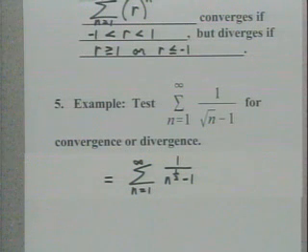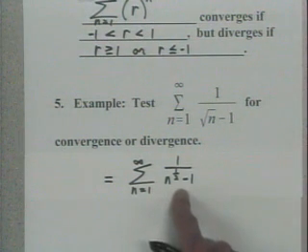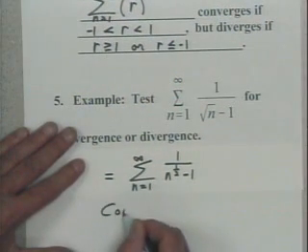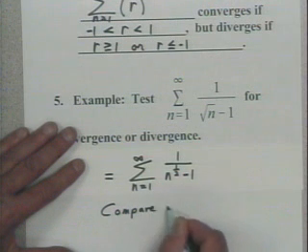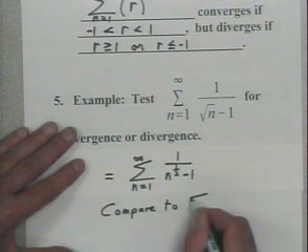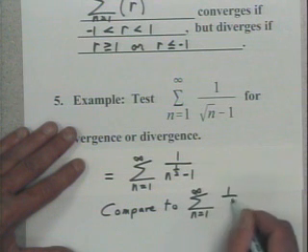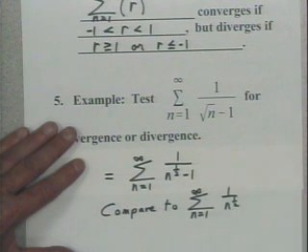Because now I see n to a power. And when you have n to a power involved in the series, then probably compare to what kind? P series have n to a power, right? So I'm going to compare to the series n equals 1 to infinity of just plain 1 over n to the 1/2.